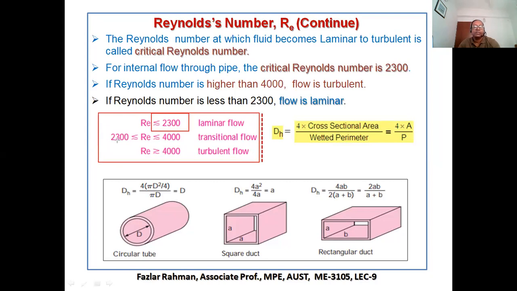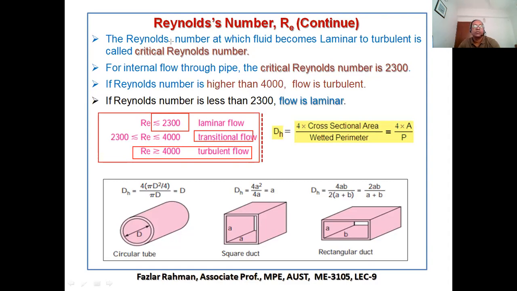If it is between 2300 to 4000, then it's called transitional. That flow is converting from laminar to turbulent. And if it is higher than 4000, that is turbulent flow. Flow becoming from laminar to turbulent takes some time. It doesn't happen immediately. So that's why there is a transition period.